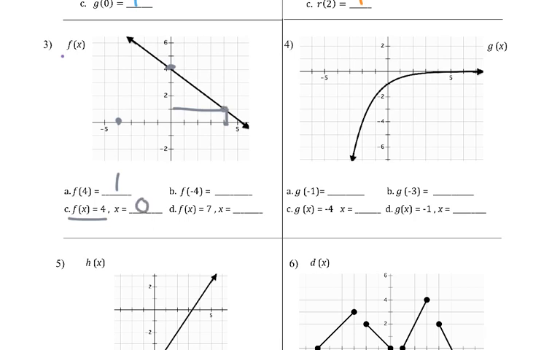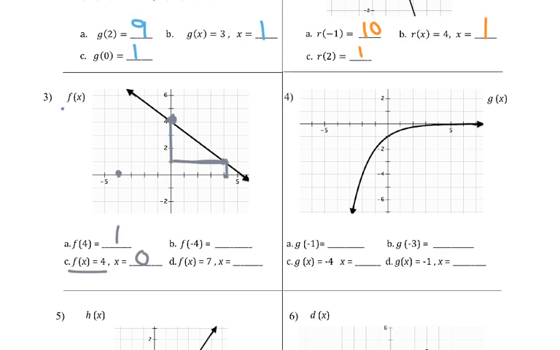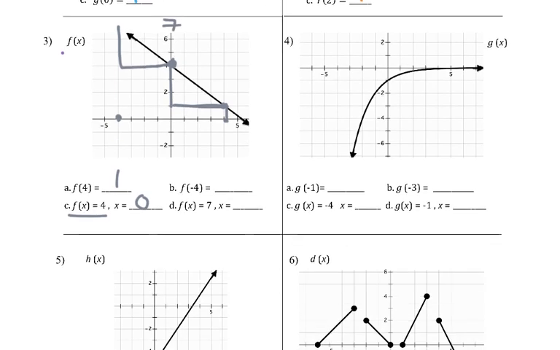Okay, so notice I've got those 2 points. So to find f of negative 4, my slope, I'm going down 3 to the right 4. So going backwards, I go to the left 4 and up 3, which would take me to 7. So f of negative 4 would take me up to positive 7, so f of x equals 7 would take me back to negative 4.